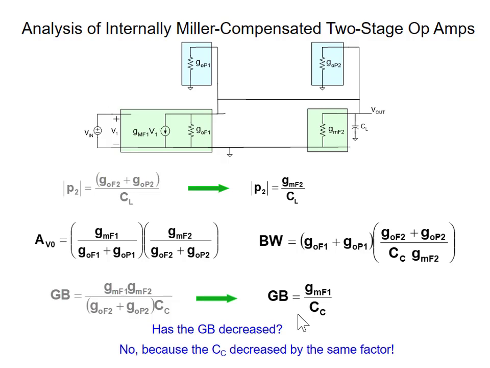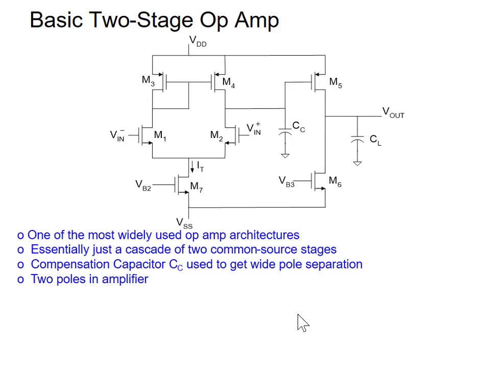So, has GB decreased by using Miller compensation? The answer is no. This is one of the most widely used op-amp architectures. It's just a cascade of 2 common source stages. The compensation capacitor CC is used to get wide pole separation using the Miller effect.